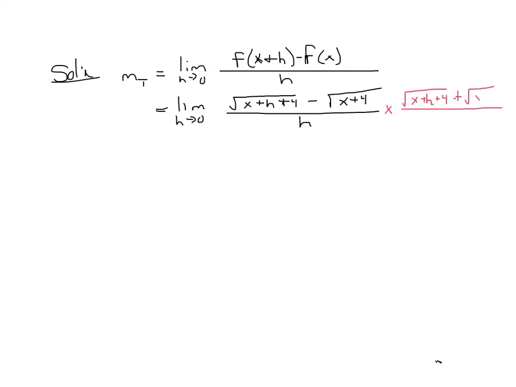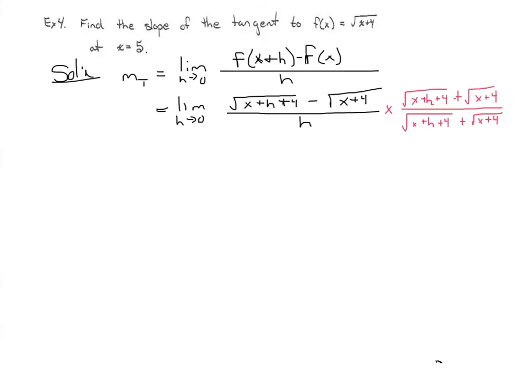So we'll multiply that numerator by its conjugate, and repeat it in the denominator to keep our equation the same. What this will do is eliminate that radical in the numerator.